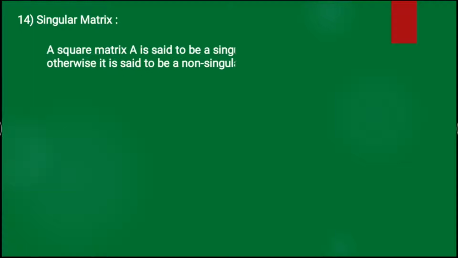So see next type, singular matrix. A square matrix A is said to be singular if determinant of A equals 0. So you can write any one form for denoting the determinant of given matrix. If the value of that determinant is 0, then that matrix is called singular matrix.